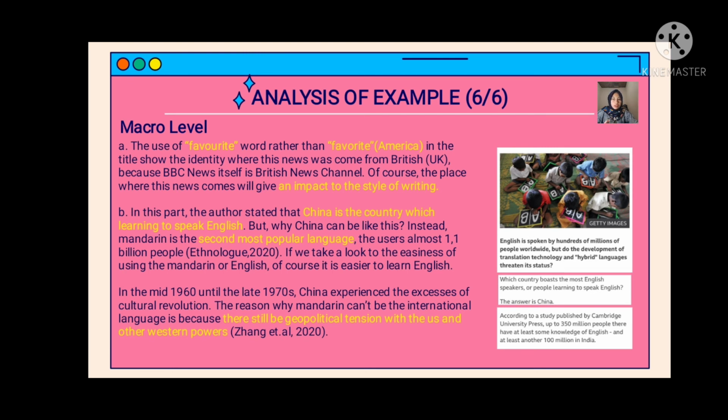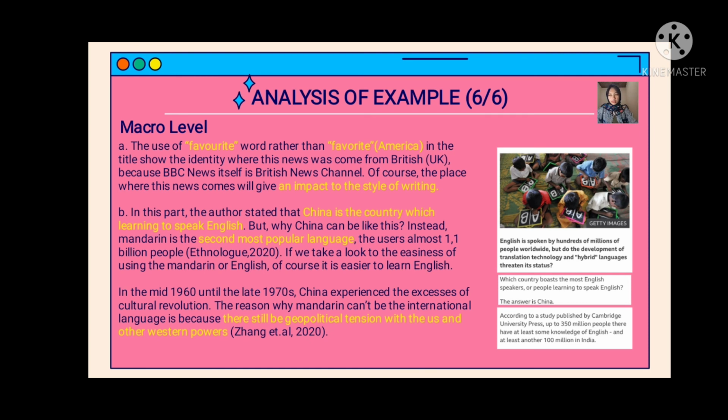And the next is the macro level. As we know, the macro level is a broader analysis in this context. It is related to social context, religion, ideology, and the broader context in this world, in the aspect of our society.